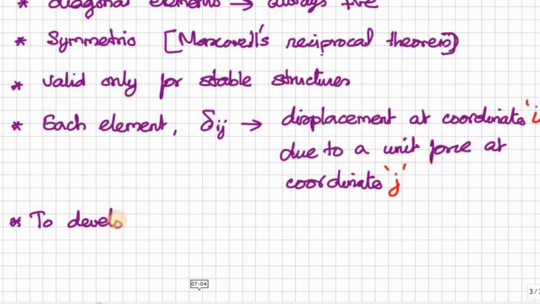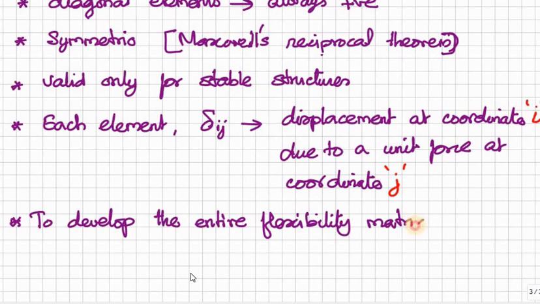Then to develop the entire flexibility matrix, a unit force should be applied one by one, that is successively at coordinates 1, 2, etc., and the displacements at all the coordinates are computed.